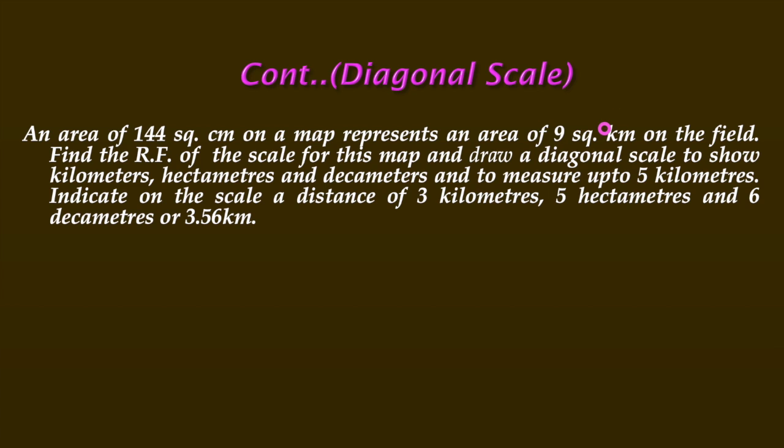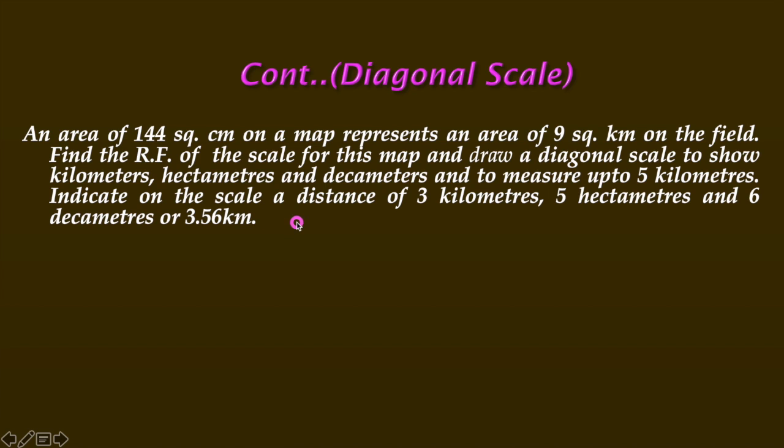Take the root, then you get 3 kilometers. Now this 12 centimeters and 3 kilometers. 3 kilometers means, as 1 kilometer equals 1000 meters, 3 lakh centimeters. So convert here also to centimeters and get the ratio. And this ratio is the RF.